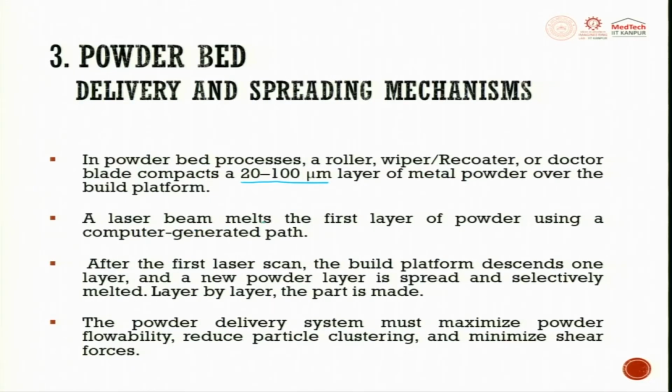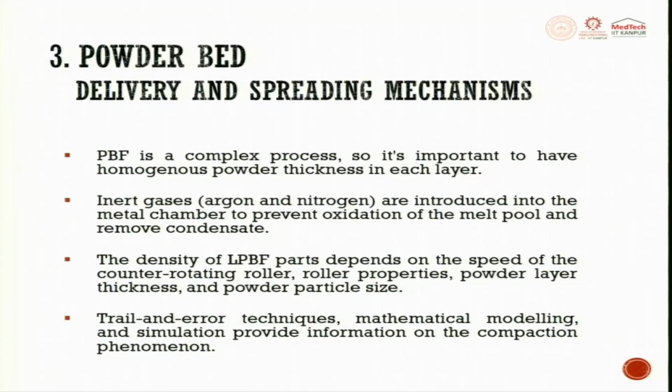A laser beam melts the first layer of the powder using a computer generated path. After the first layer scans, the build platform descends one layer and one powder layer is spread by using the spreading mechanism. The powder delivery system must maximize powder flowability, reduce particle clustering and minimize shearing force.